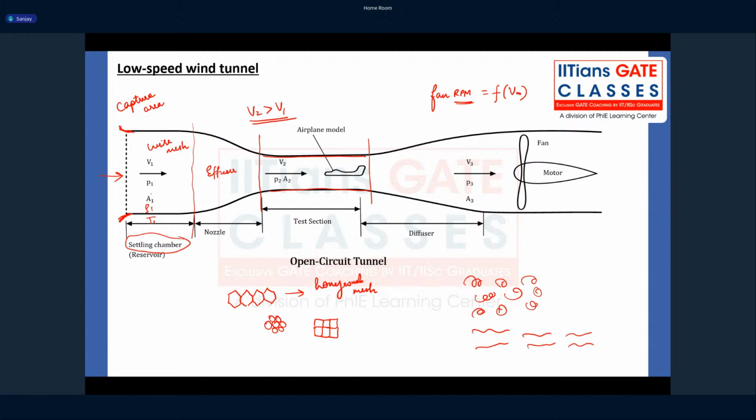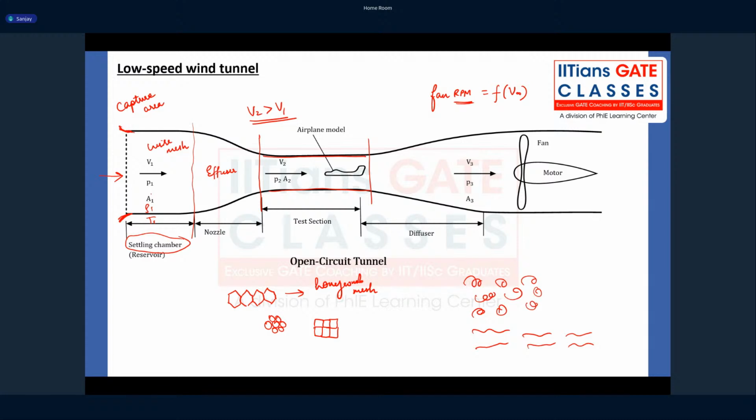So I'll scale the aircraft down. I'll make a smaller model by using the principles of dynamic similarity. We will see what is dynamic similarity later on, or you can take it as your homework to understand. But you will use that principle to scale it down. You make a smaller model and you mount it in the test section.